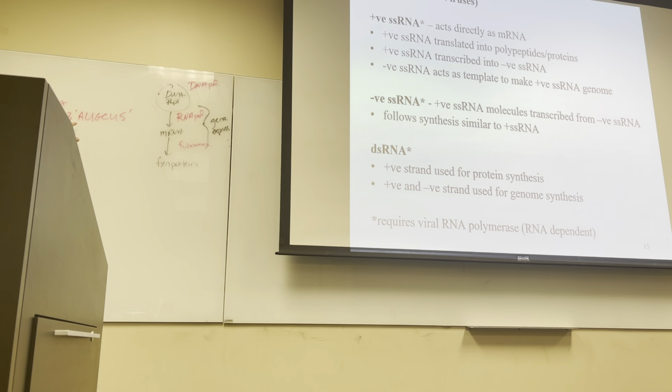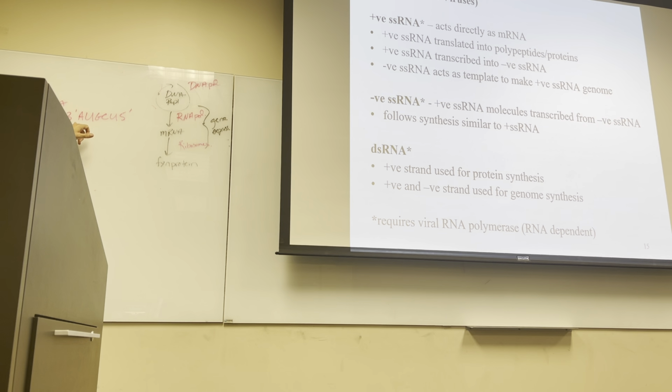If I'm going to make more of this genome, what do I have to do? Can I just read AUGCU and have a polymerase that makes AUGCU? I have to make a complement first. So there's kind of an intermediate step.